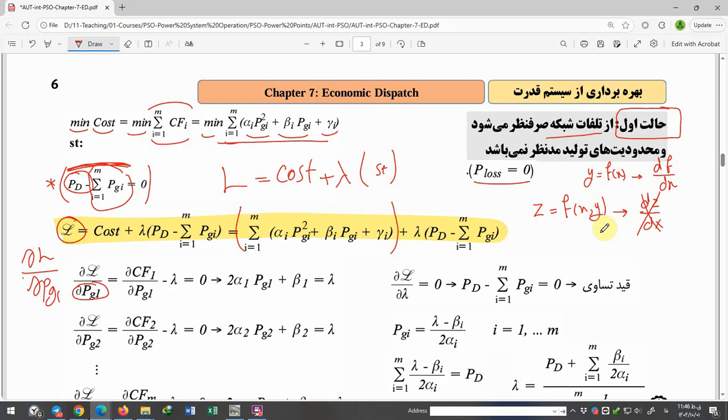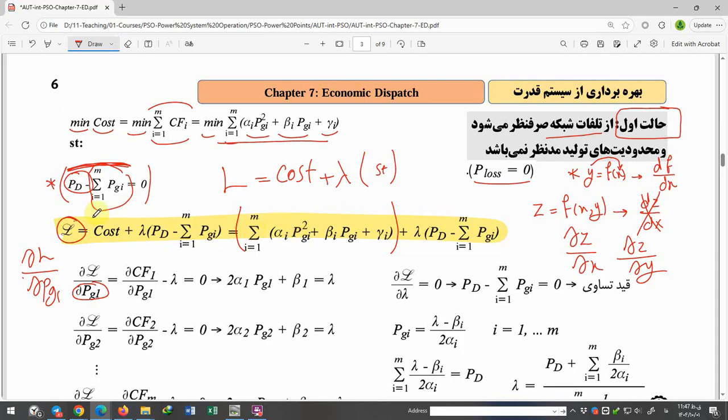So we define in mathematics round z on round x, round z on round y. This is correct. But in the situation where y depends only on x, we write df on dx.